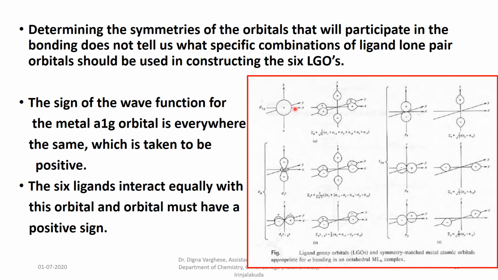The overlapping means positive overlapping. That is the most proper way of overlapping and forming metal-ligand sigma bonds.